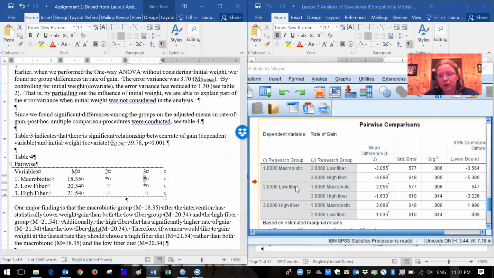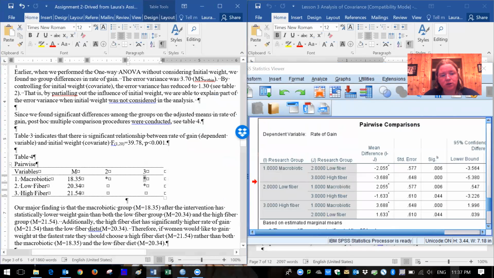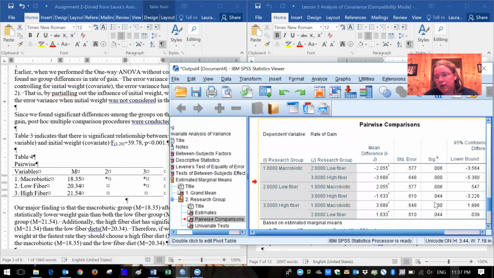And now when we look at low fiber and microbiotic, well, we just put an asterisk from up here there, so we don't have to do it again. So now low fiber and high fiber is also significant. So low fiber and high fiber is right there. And then the rest of these just repeat. This .000 high fiber microbiotic was here at the beginning.